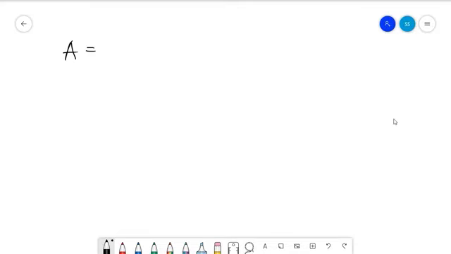Let's take a 2 cross 2 example, that is our square matrix of 2 times 2. Let's take it 1 2 4 7. So the idea is to start from anywhere.